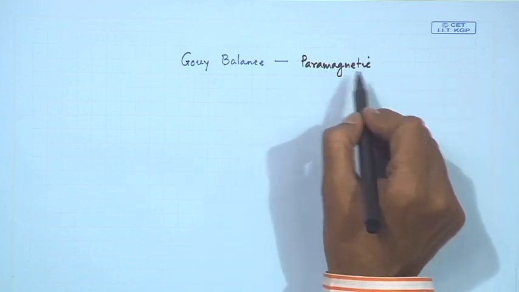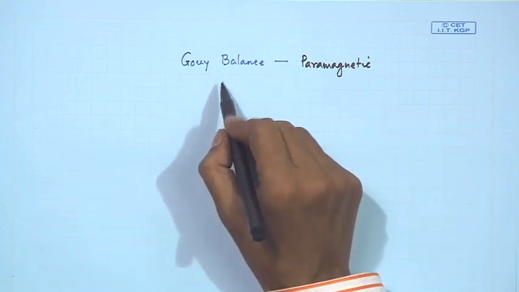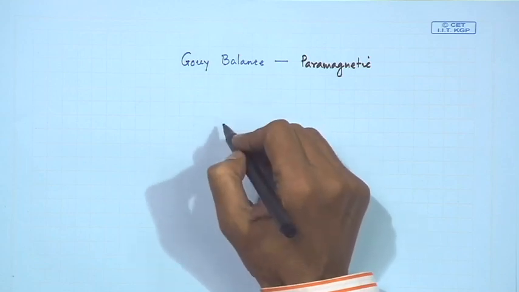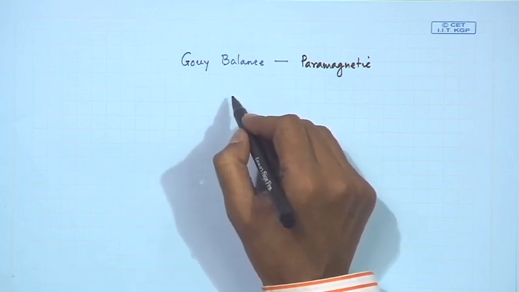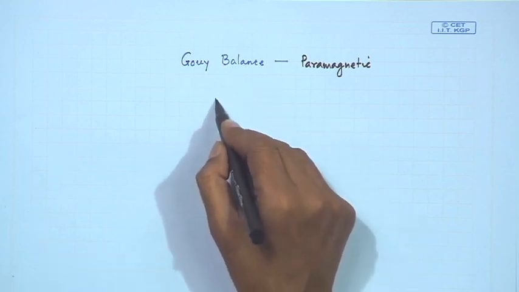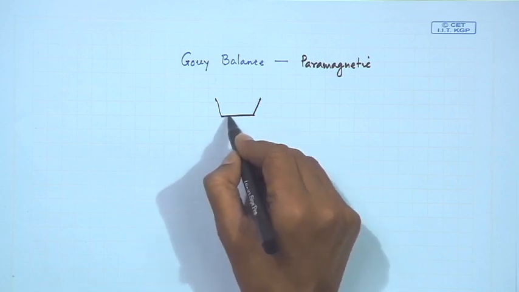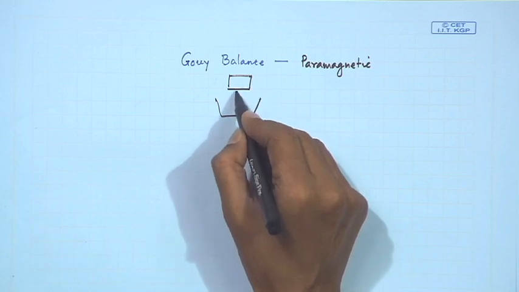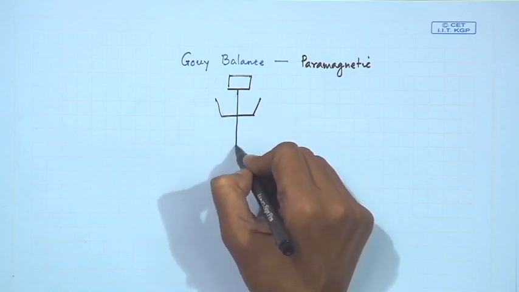The tube which we put on that balance, the balance pan basically, where we take the weight, digitally we can measure the weight, and you have the corresponding tube.